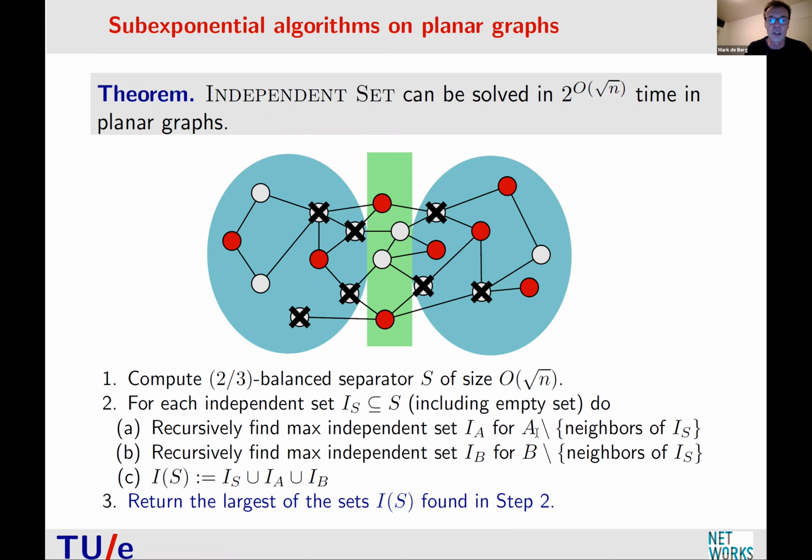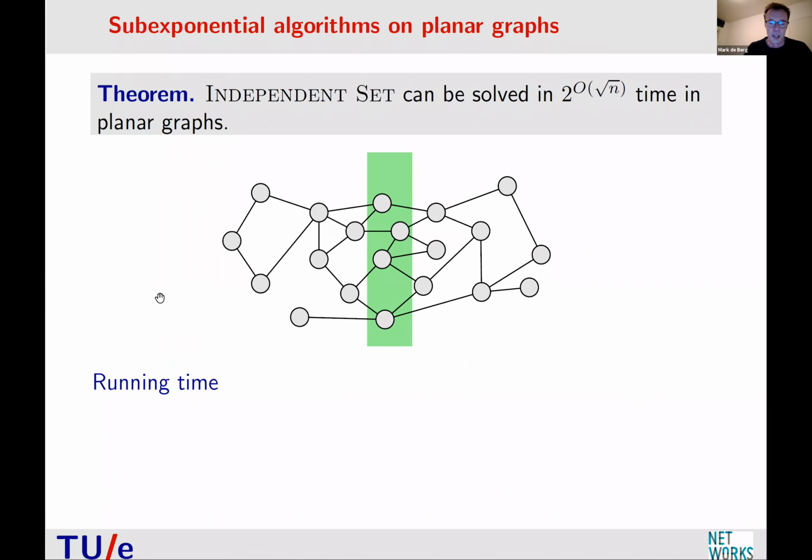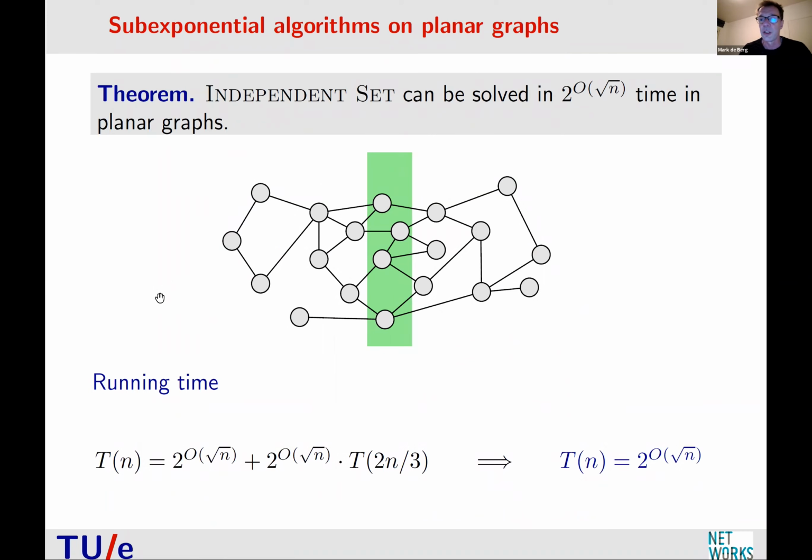So what is the running time of this algorithm? Well, here you see the recurrence. Remember that the separator has order square root of n nodes. For each one of them, I can either put it in my independent set for the separator or not.